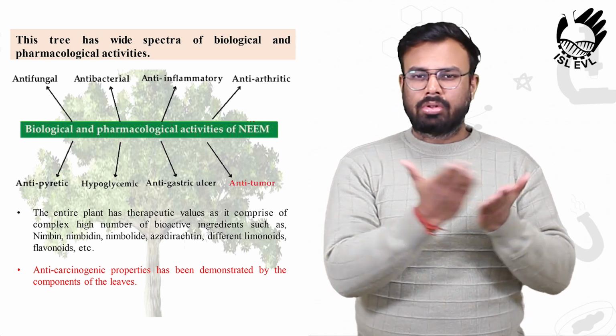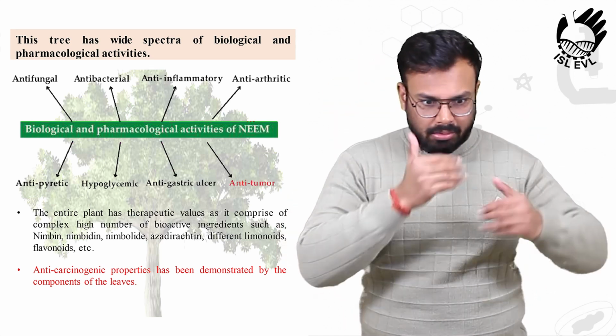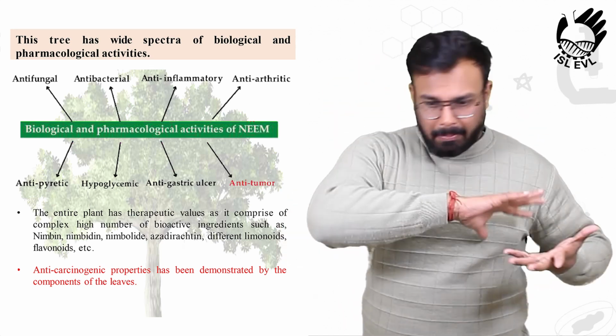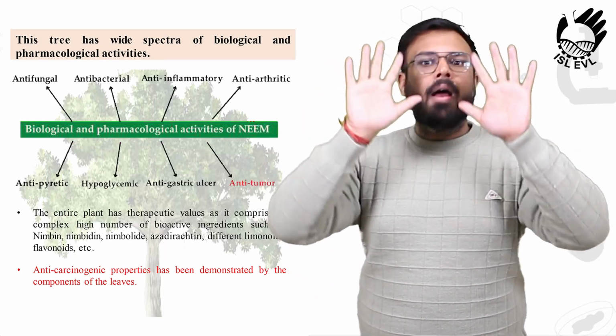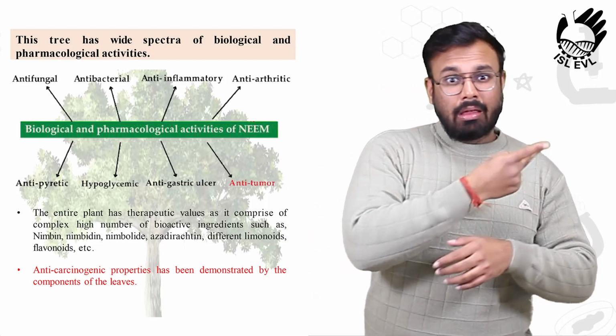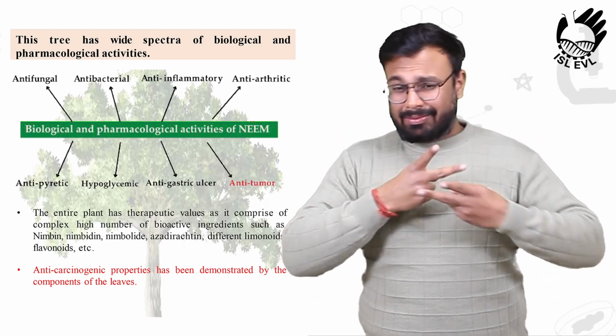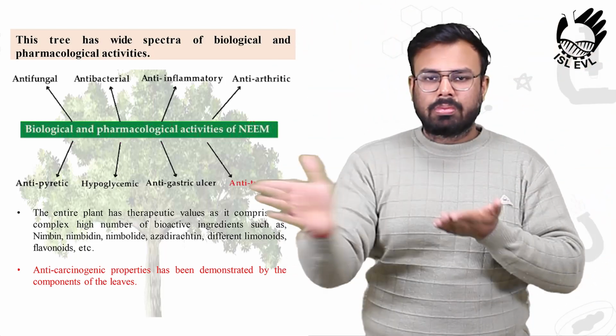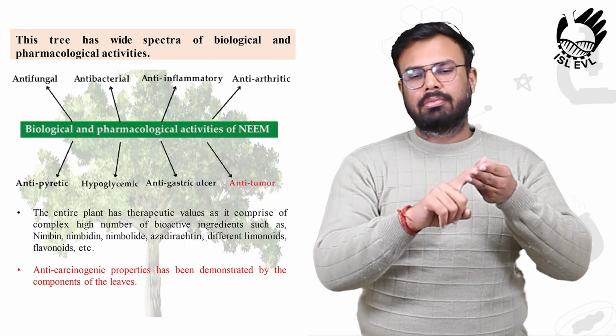This tree has a wide spectrum of biological and pharmacological activities. The biological and pharmacological activities of neem, which has 8 different things, which is shown in the picture.